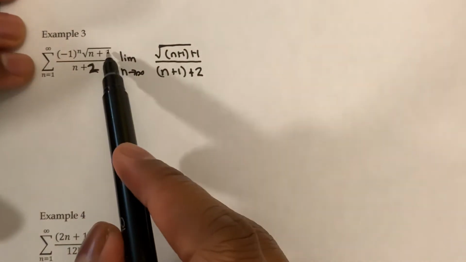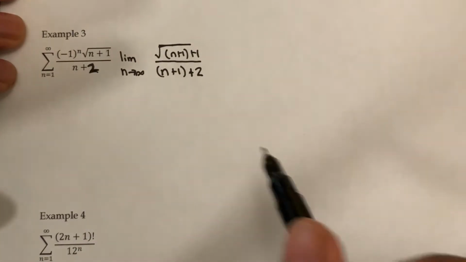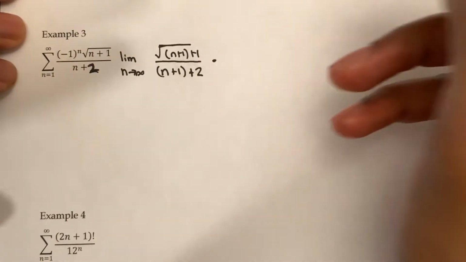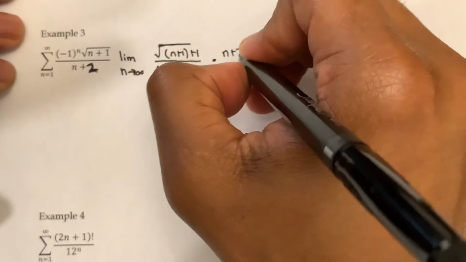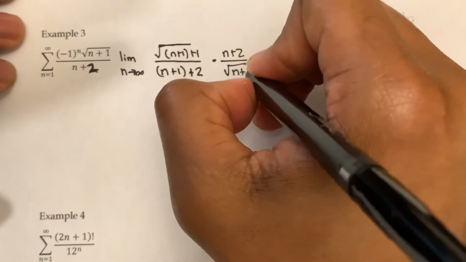And remember, we'd immediately divide by this, which is the same as multiplying by the reciprocal. So we're going to have times n plus 2 over the square root of n plus 1.